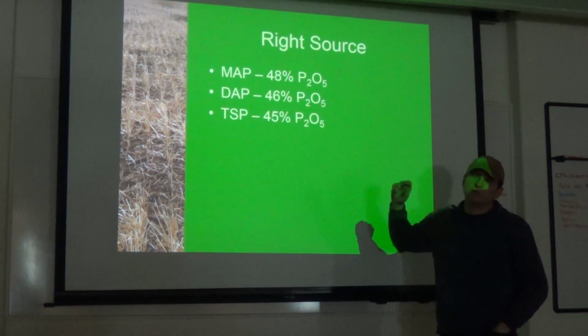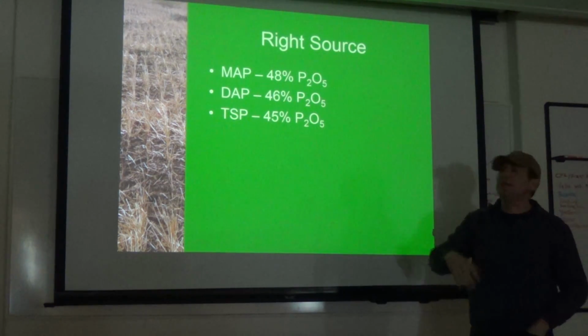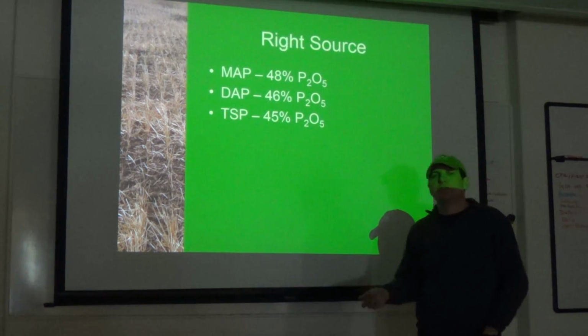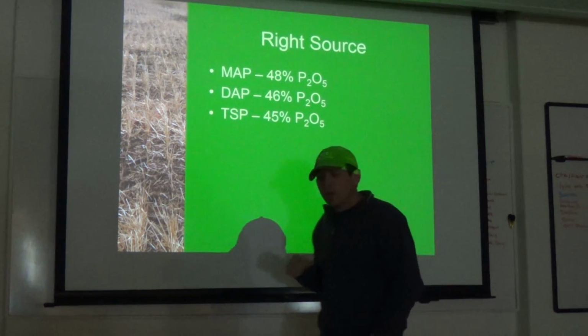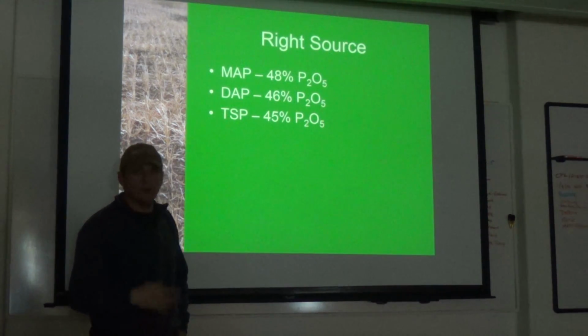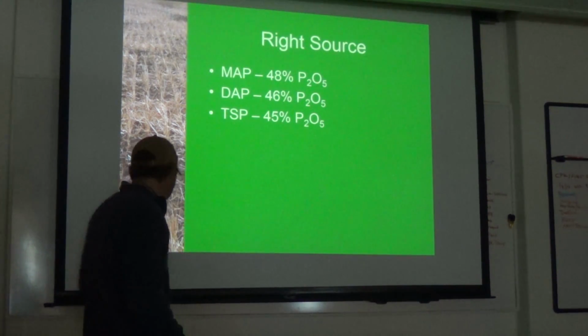And then the last one is triple superphosphate, TSP, which is 45% phosphate but has 0 nitrogen and 0 potassium. So it's only really used when we don't need those other nutrients to be added.